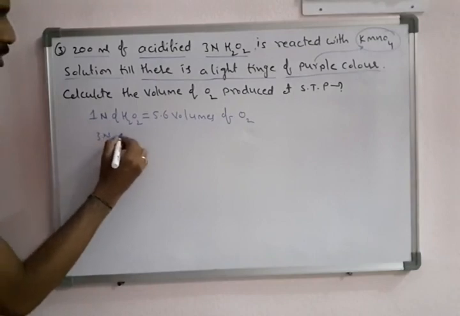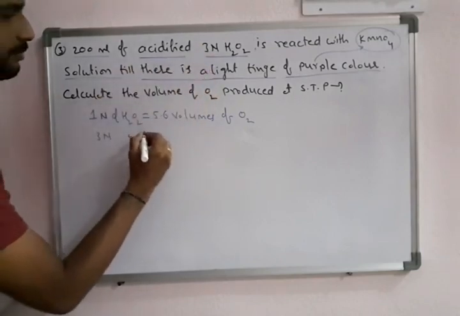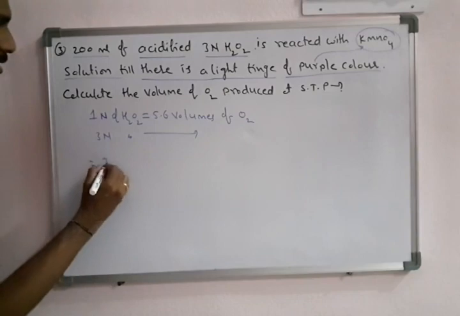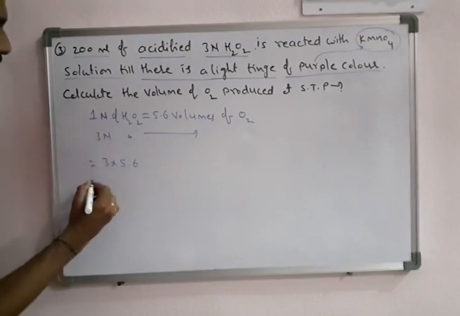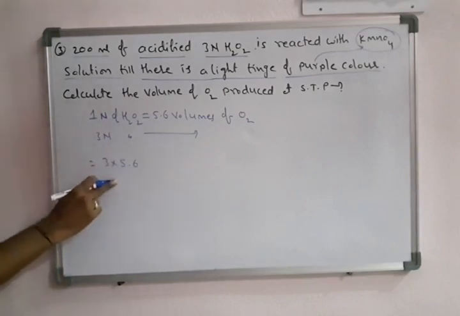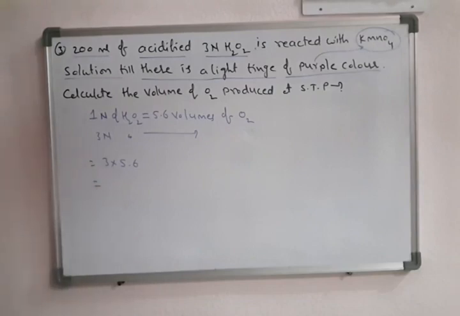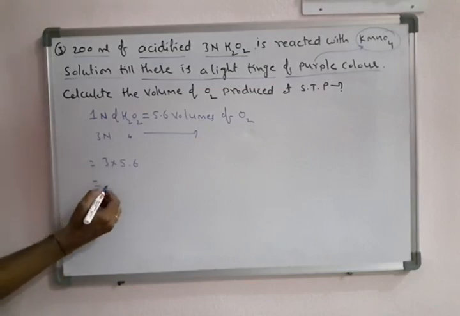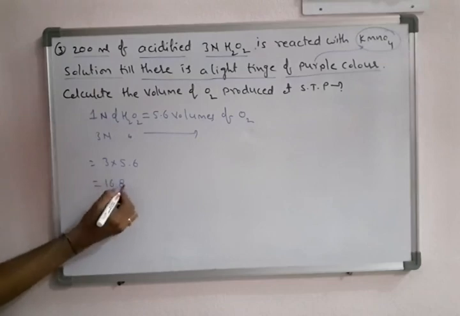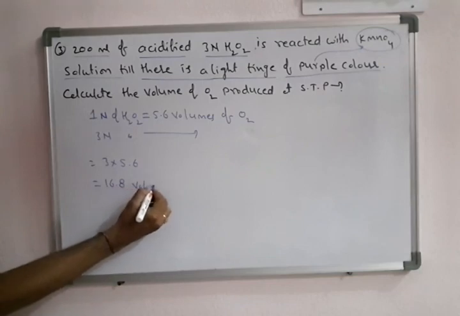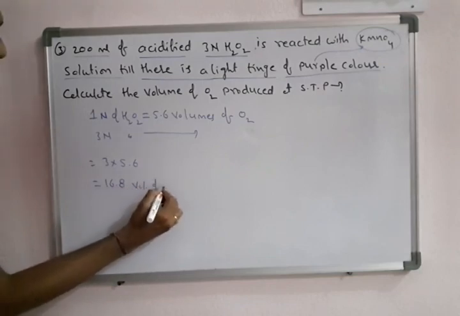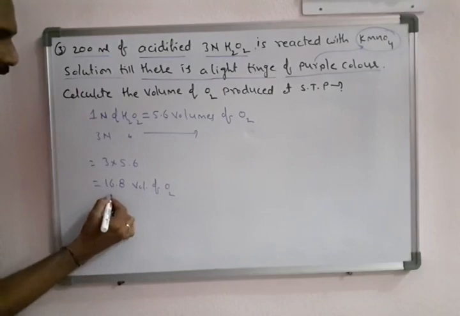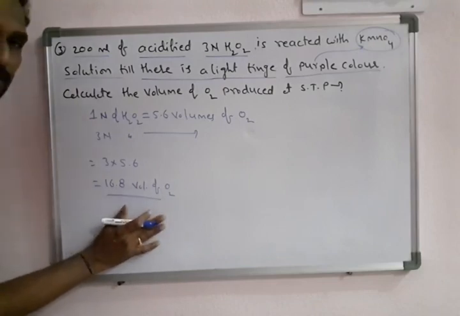Okay, so for 3 normality of hydrogen peroxide given, how much? Approximately here we get 16.8 volumes of oxygen, or it can be taken as the volume strength of hydrogen peroxide.